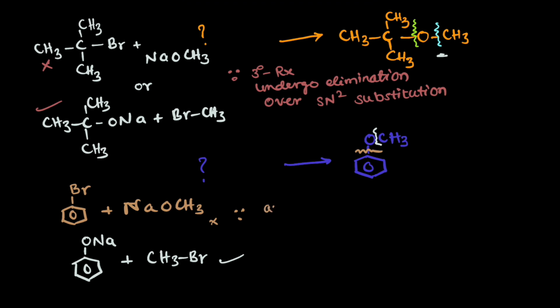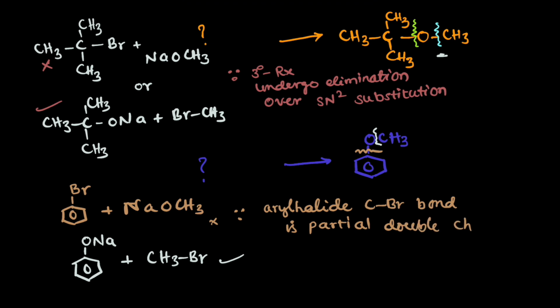I already explained why, but once again: bromobenzene and sodium methoxide are not useful to prepare this product, because the aryl halide carbon-bromine bond has partial double bond character because of resonance. Therefore it is not used to prepare this ether.